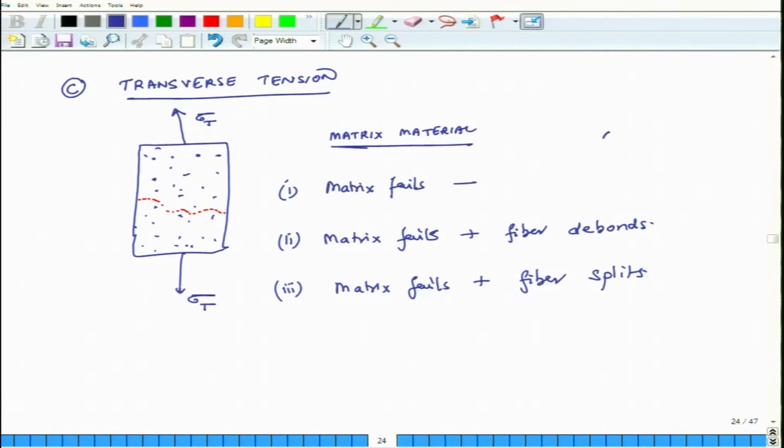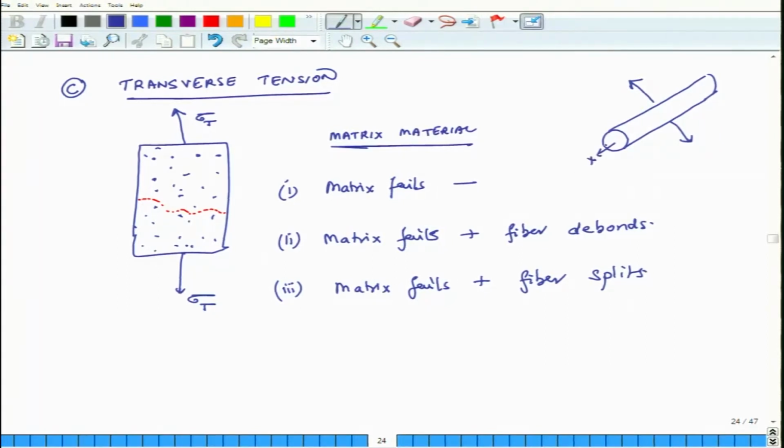So, suppose you have a fiber here, when I am applying sigma t, this is the direction in which the stress is acting, and this fiber will have strength in the length direction.